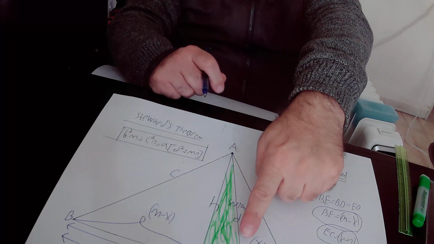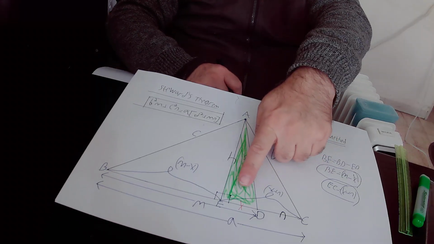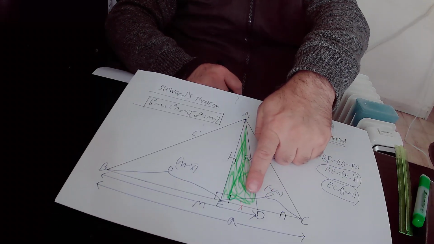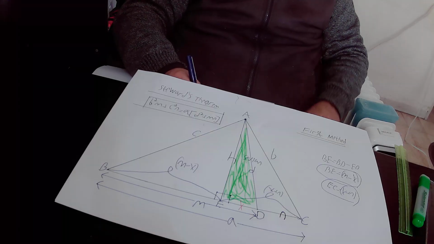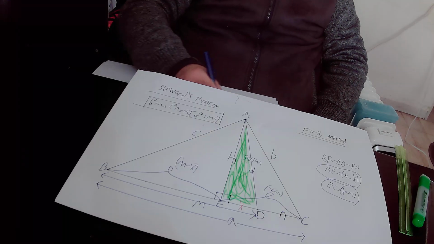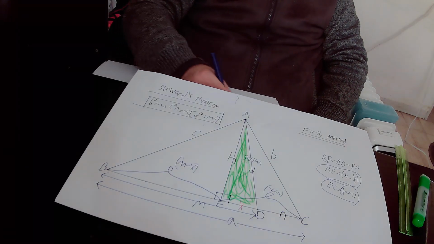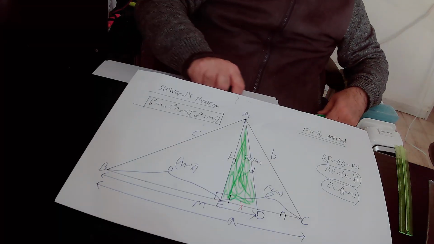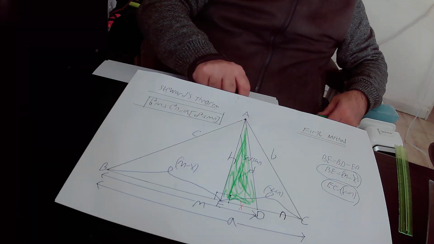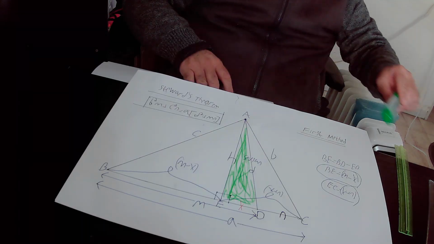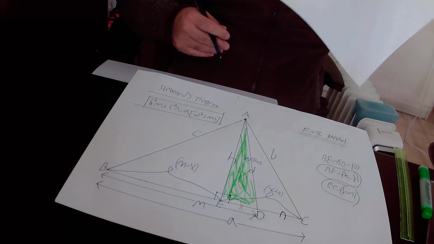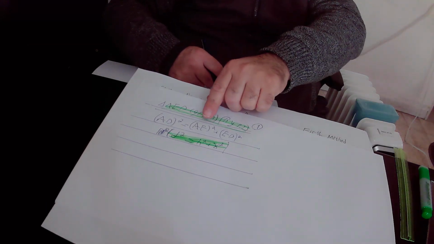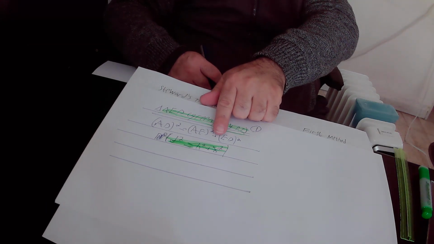ED equals X, therefore ED squared is X squared. So in conclusion, we found out that in the right triangle AED, D squared equals H squared plus X squared.